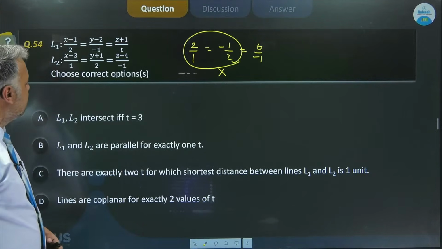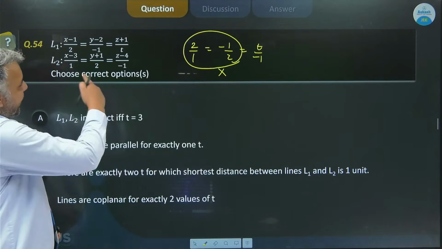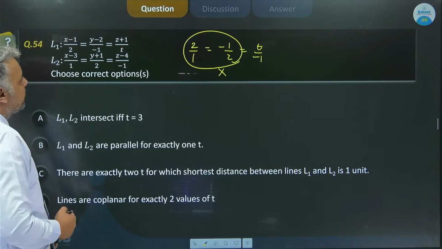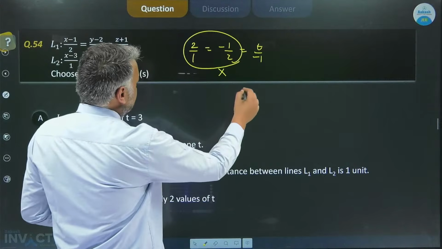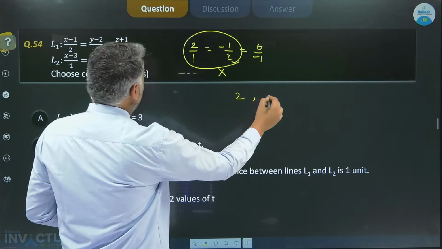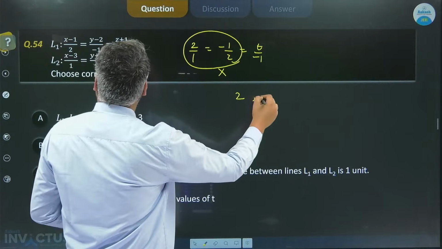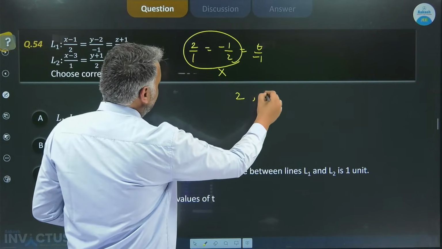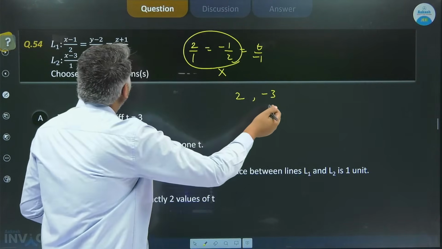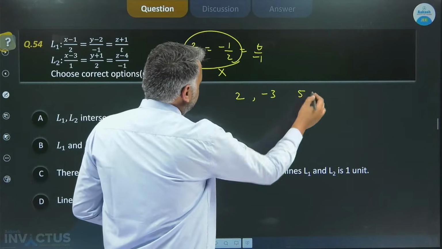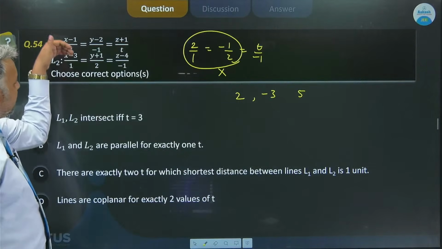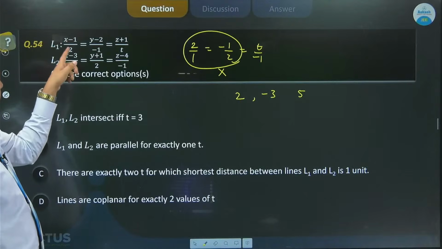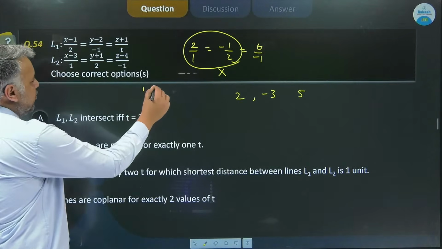Skew lines. So if I write the distance between these skew lines, that will be the difference of the points lying on the lines L1 and L2: 2, minus 3 and 5. Here the points are 1, 2, minus 1.